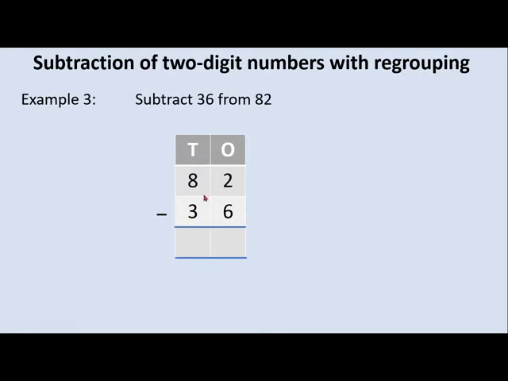So now if you want to subtract 6 from 2, what we should do is regroup the digits in the number 82. Here the digit in the tens place, that is 8, can be regrouped as 7 tens, and we may say it has 10 ones. Those 10 ones are borrowed to the ones column.